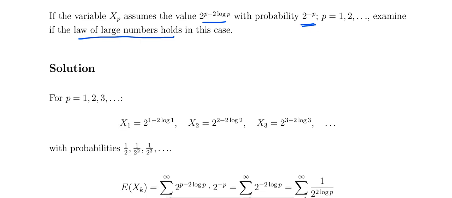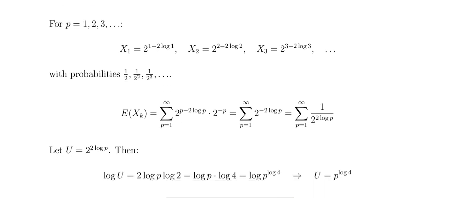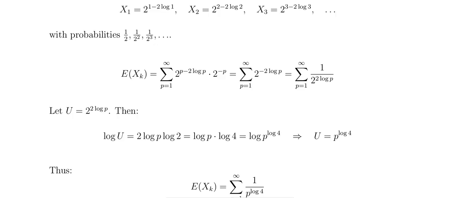இதிலிருந்து நான் law of large numbers, that is E of x_k கண்டுபிடிக்கலாம். That means x_k உடைய expectation, that is summation p equal to 1 to infinity of 2 power p minus 2 log p into 2 power minus p, அதனுடைய probability. So ரெண்டுத்தையும் multiply பண்ணிங்கன்னா 2 power p cancel ஆகிடும், 2 power minus 2 log p மட்டும்தான் வரும். இதை கீழே கொண்டு வந்தீங்கன்னா this is the answer. So u equal to 2 power minus 2 log p ன்னு எடுத்தீங்கன்னா, log u equal to, what is the log u?